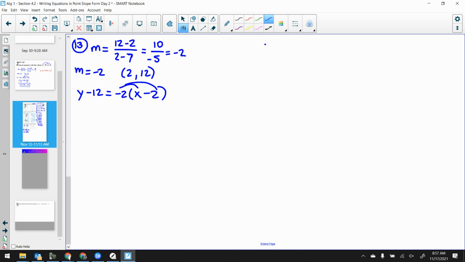Distribute it in. Negative 2x plus 4. Watch out for that plus 4. Negative times a negative should be a positive. And then I'm going to add the 12 over to the other side. So y is equal to negative 2x plus 16. And there's my answer.